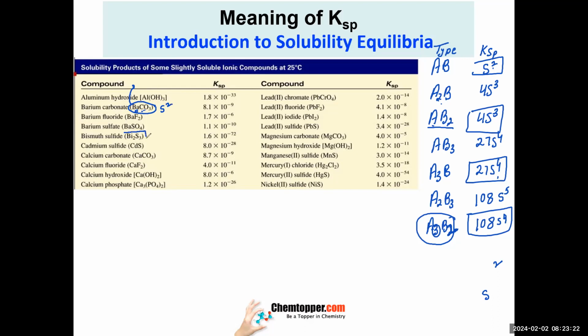This one. What type of salt is this? Yes. So it is 108 S raised to power 5. Right? Okay. If I give you AlF3, what type of salt is this?